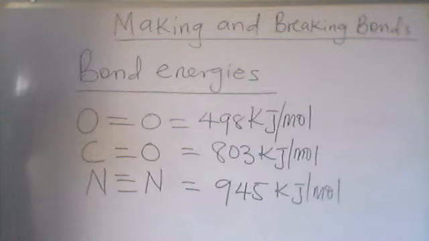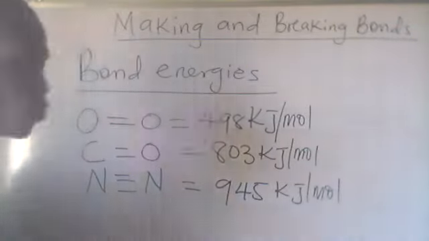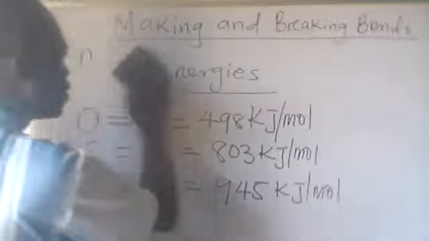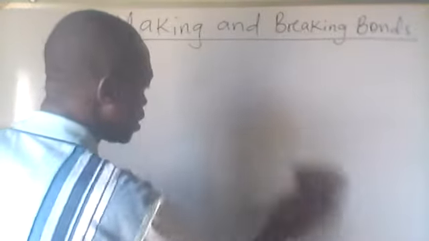So, what is the need for all these values? We are going to make use of them to calculate change in heat energy. Okay, now let's look at how to calculate change in heat energy.